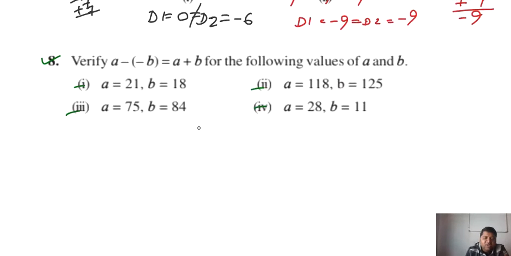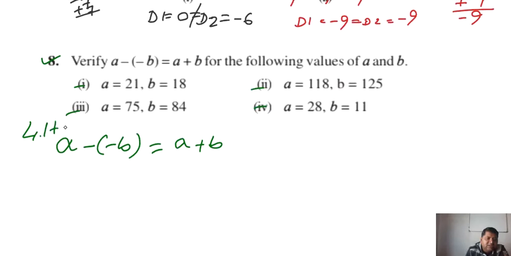Here we always remember that when we open the bracket, a minus times a minus means plus. This is the left hand side and this is the right hand side. We calculate both sides and then we verify.